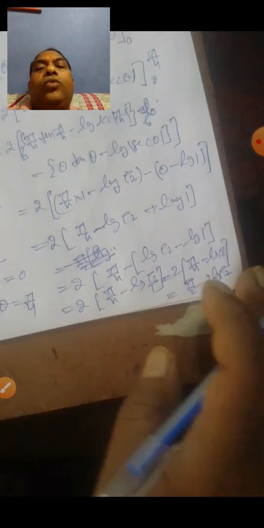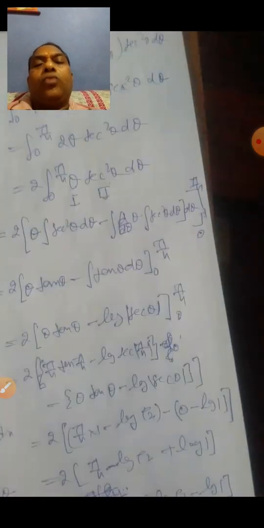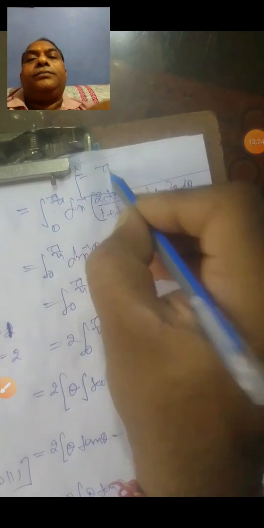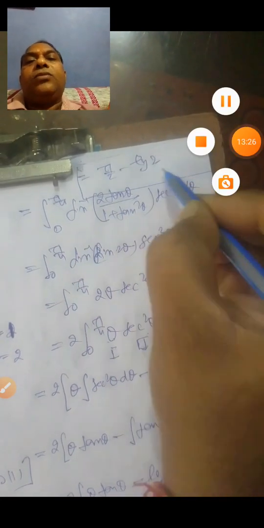So root 2 to the power 2 will be equal to 2. So you can write it pi by 2 minus log 2.